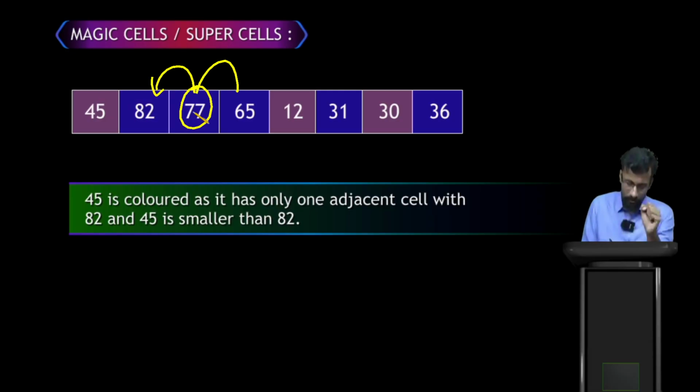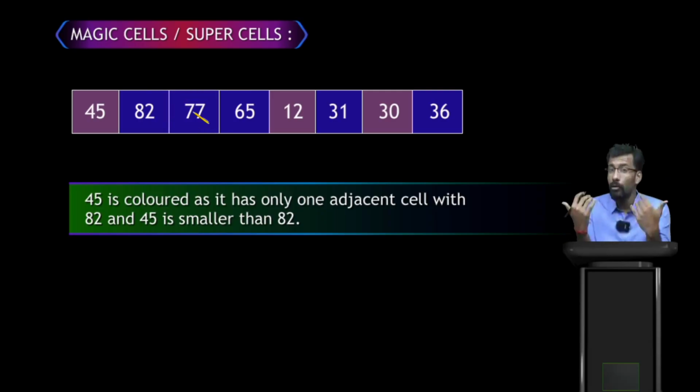For 77, that one is greater, but for that reason we are unable to color it. We have to color the number cell in which the number is smaller than its adjacent cells.